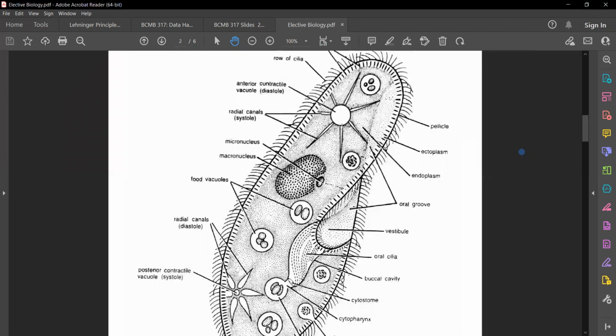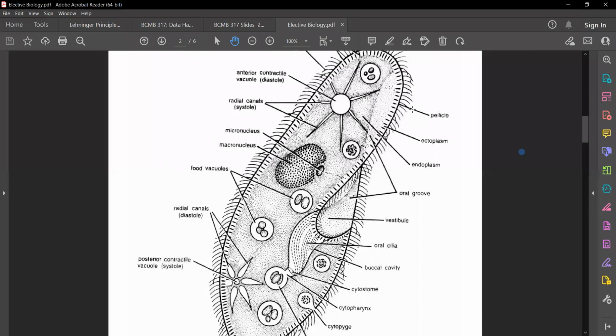If you are right, we'll talk. If you are wrong, we'll talk. Mention a part of the Paramecium that you think is vital for its nutrition. Yes, Sandy. Sandy, your hand is up. Do you want to ask a question or you're answering? The buccal cavity. Okay, you're right.